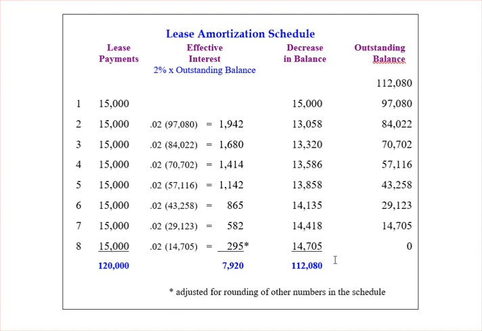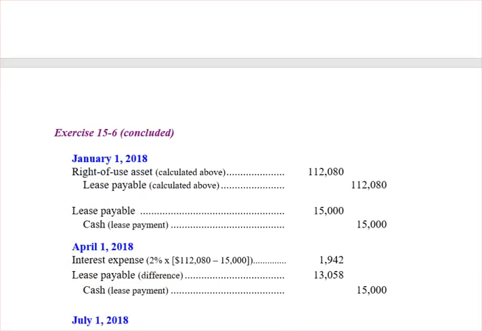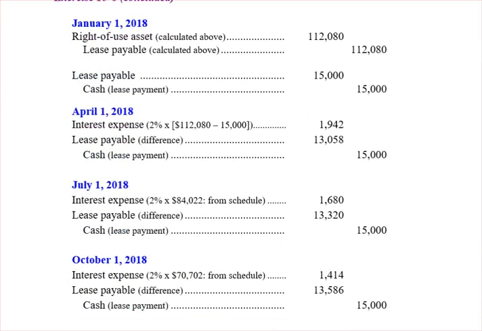Now the total decrease in balance is to that, so it's going to go away to 0. You had to adjust here. I call this fudging. They adjusted a little bit. That's the amortization schedule. They record a right-of-use asset. They also should be amortizing this right-of-use asset.